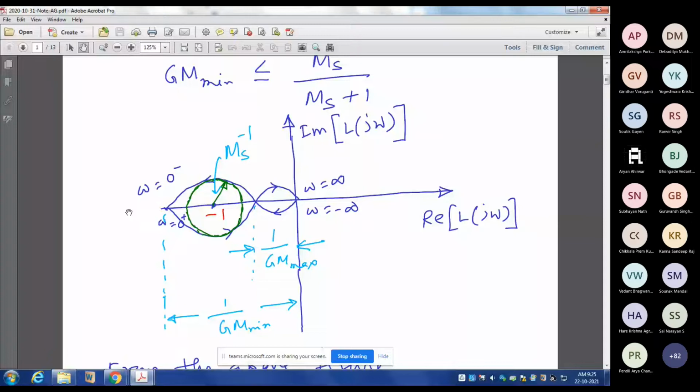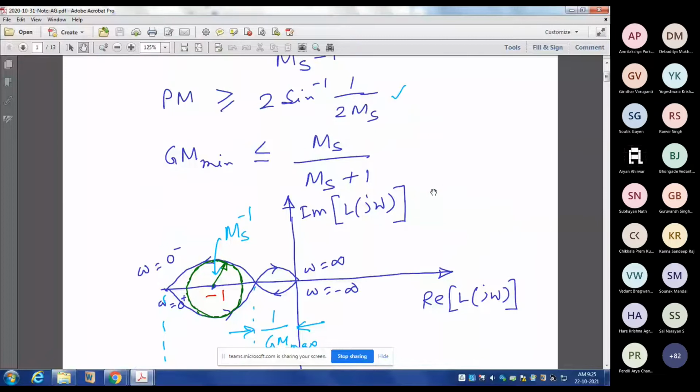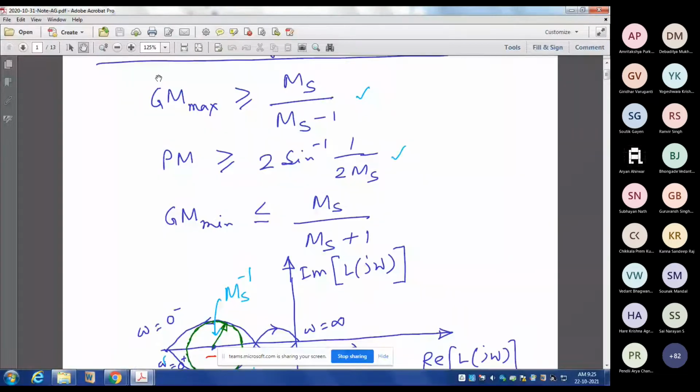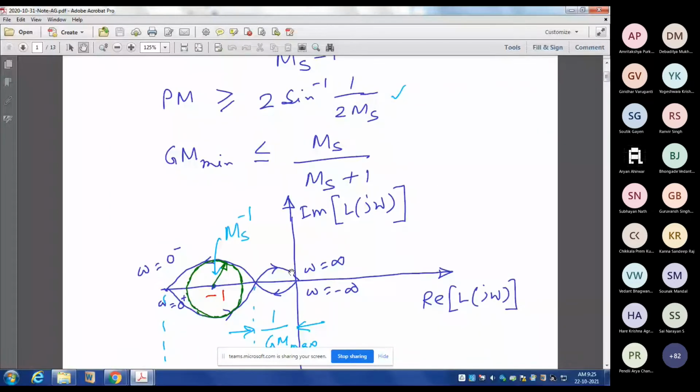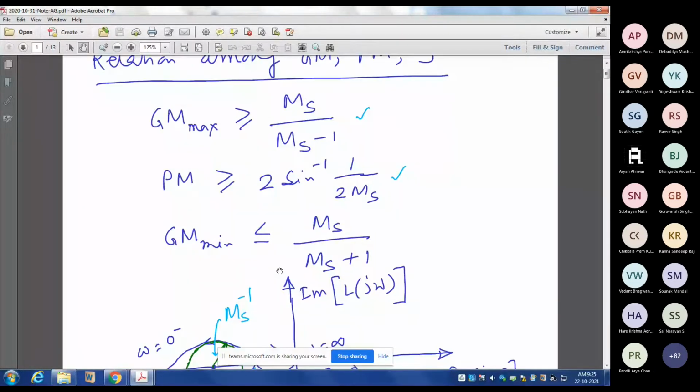In fact, using this single Nyquist plot, you can prove all three together, because gain margin min and gain margin max are both there. Anyway, we have already proved these two, so now you have to prove this.